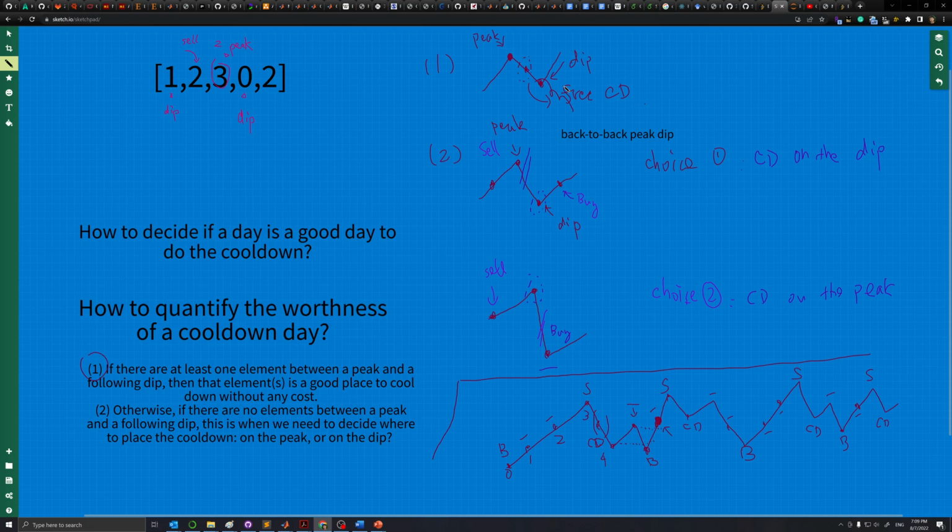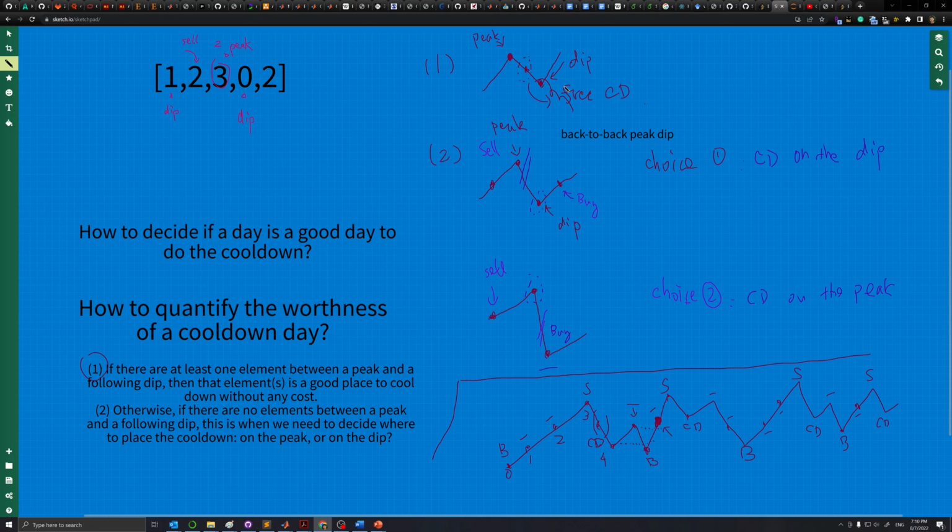The hard problem is when you do not have those nice downward slopes that contain at least three elements. That is when you no longer have those free cooldowns, and you have to make a decision.